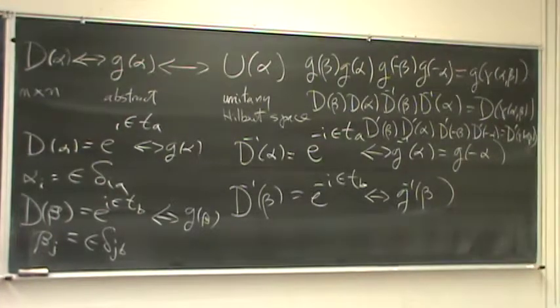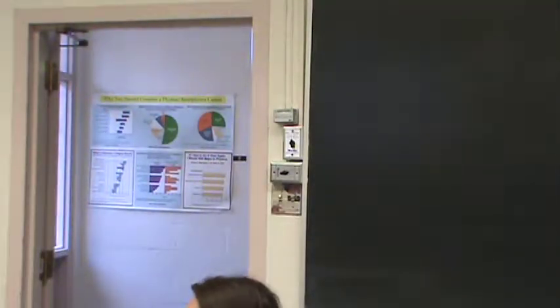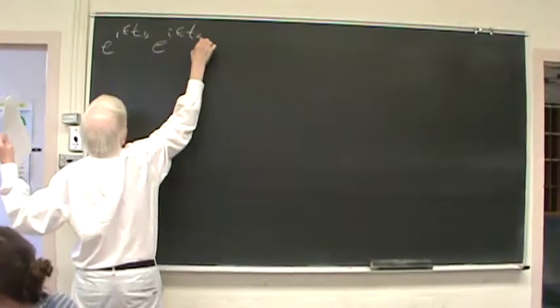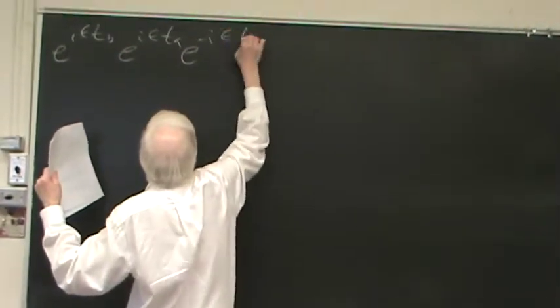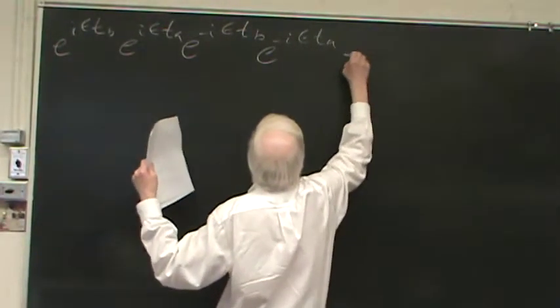So now, if we go to the simple case of D of alpha being just e to the i epsilon T_A and D of beta e to the i epsilon T_B, epsilon being very, very small, and just multiply this out, e to the i epsilon T_B, e to the i epsilon T_A, e to the minus i epsilon T_B, e to the minus i epsilon T_A.